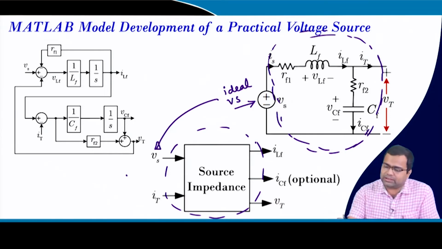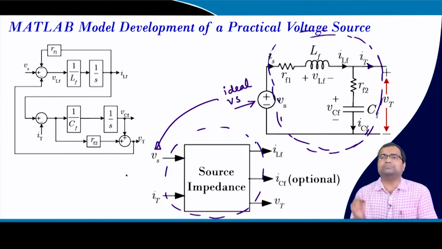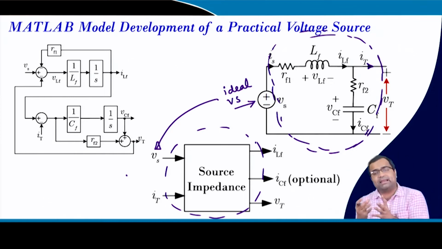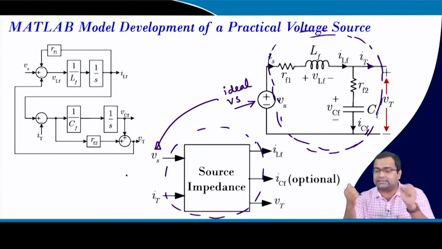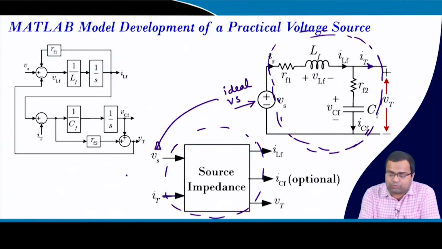Another input is the current going out of this block, because it depends on how much current the other circuit draws. We need to connect this source to a load, and in this case the load is a DC-DC converter. This converter will draw some current, so that current is an input to this Simulink block.